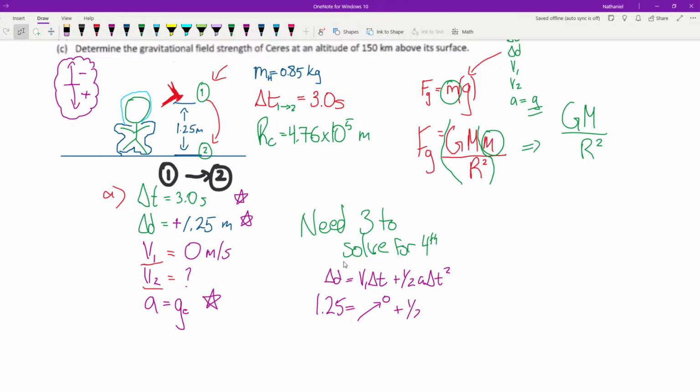And then 1 half G on the planet, delta T squared. And delta T is 3 seconds. So not so bad, right? So just rearrange for G. 9 over 2, so this becomes 2 over 9. So 1.25 times 2 over 9. And what do we get?